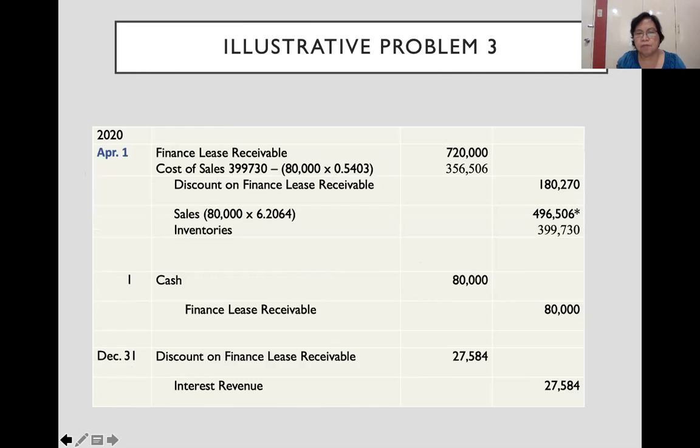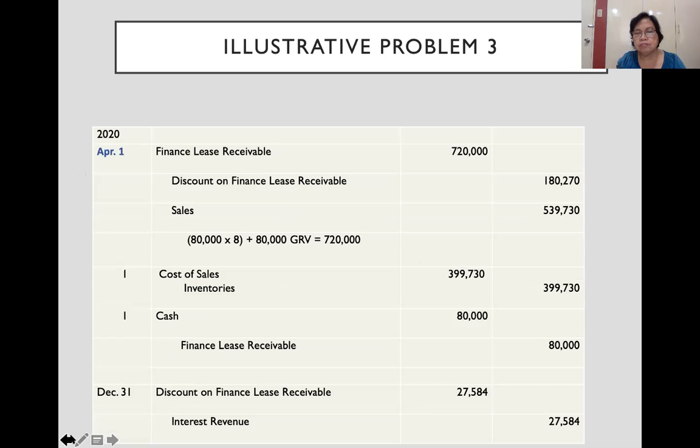In our example, previously, the 80,000 guaranteed residual value at present value is included here in the credit to sales. So the present value of the guaranteed residual value is included in the computation of sales.